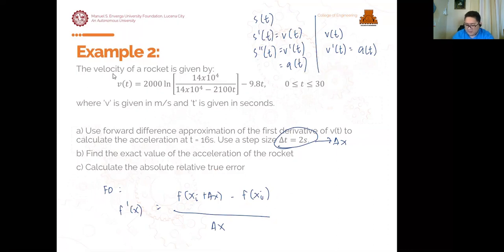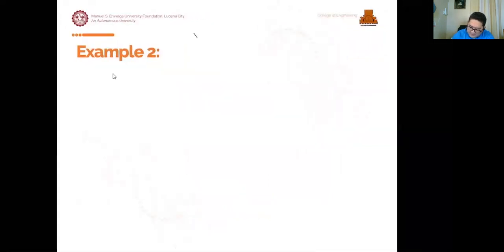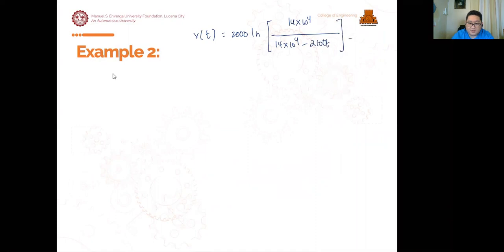Okay? So, let's proceed. Our formula is v sub t equals 2,000 natural logarithm of 14 times 10 to the fourth over 14 times 10 to the fourth minus 2,100t minus 9.8t. Again, our forward difference formula is f of x sub i plus delta x minus f of x sub i over delta x.